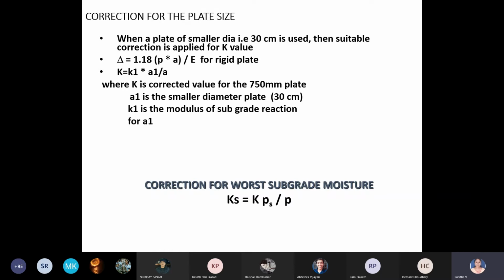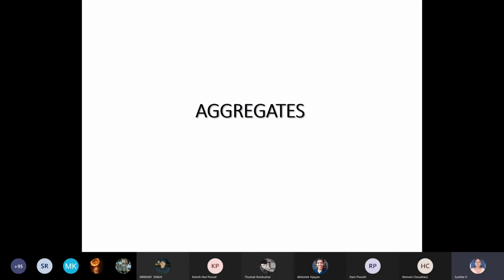These corrections are also given in the codal provisions. That's about the soil. I am assuming everything was taught to you; I've just brushed up the soil. If you want an explanation of some test, you can very well ask.